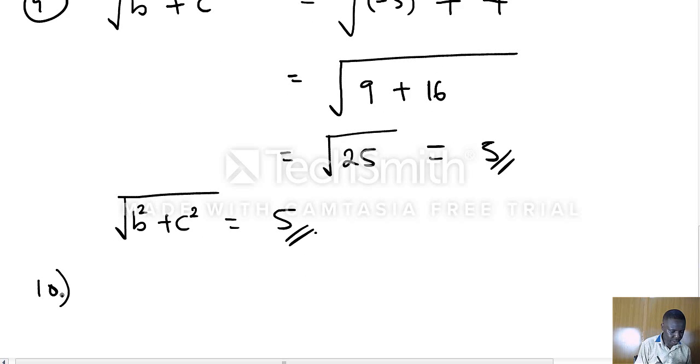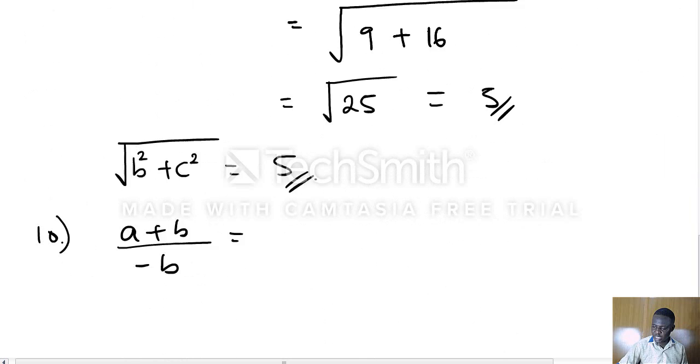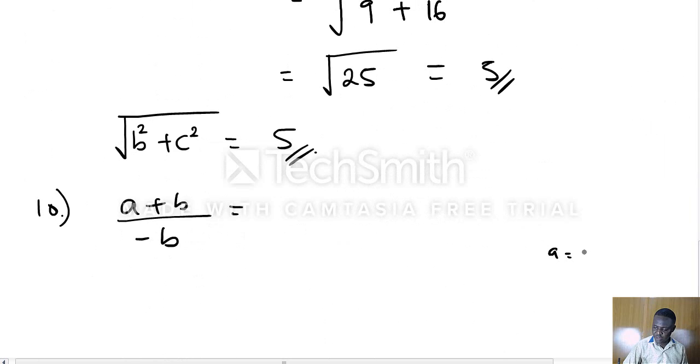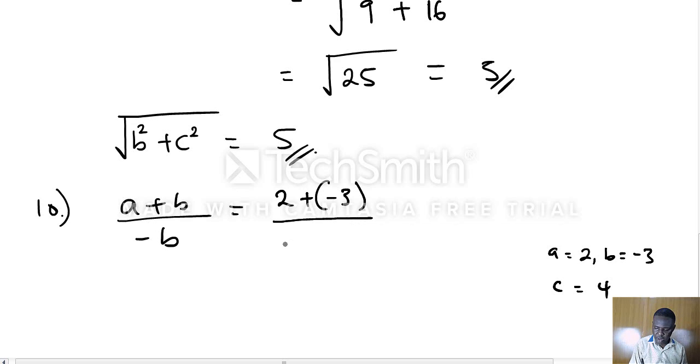Question 10 says A plus B divided by minus B. We'll also substitute. Remember, our A is given as 2, B is minus 3, and C is 4. So when you substitute the values of A and B in question 10, it's going to give us 2 plus minus 3 divided by minus minus 3.